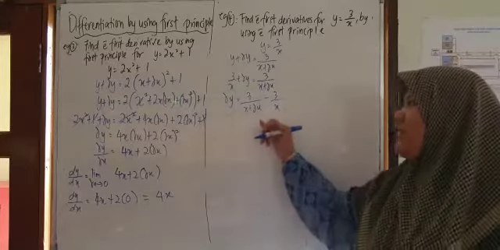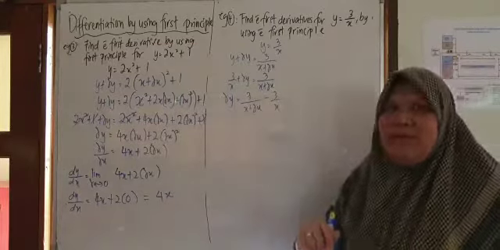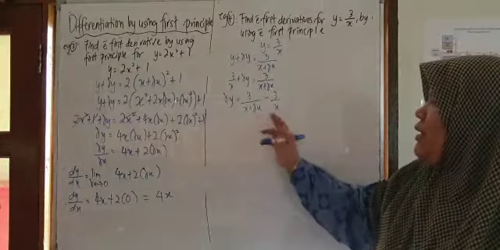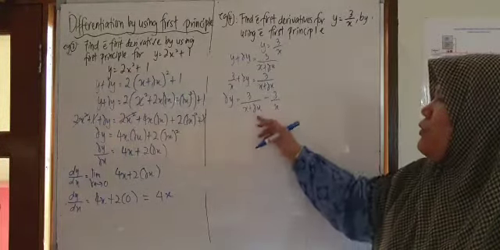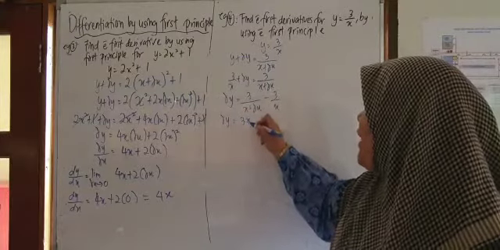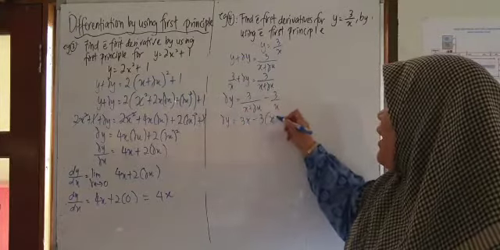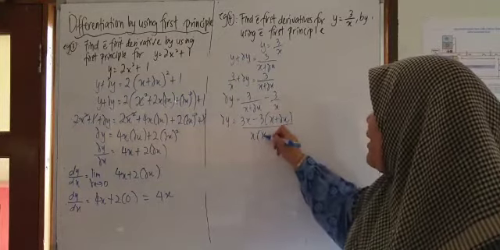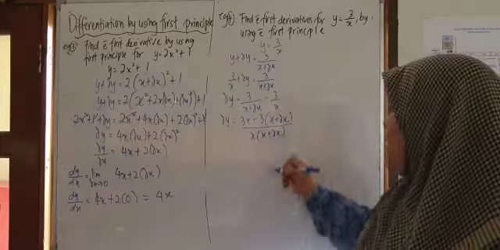So we have fractions with the operation of subtraction. So what we will do is find the common denominator. So delta y is equal to 3x minus 3 times x plus delta x, over x times x plus delta x.